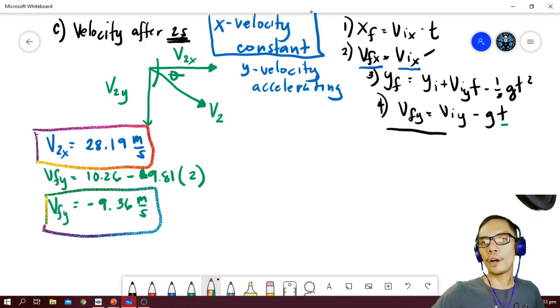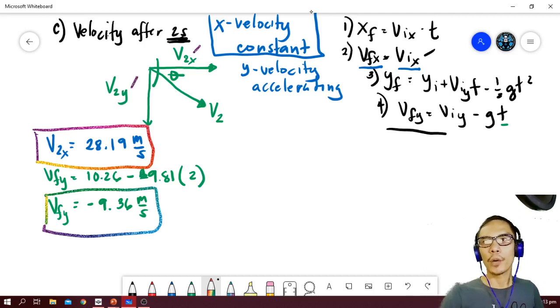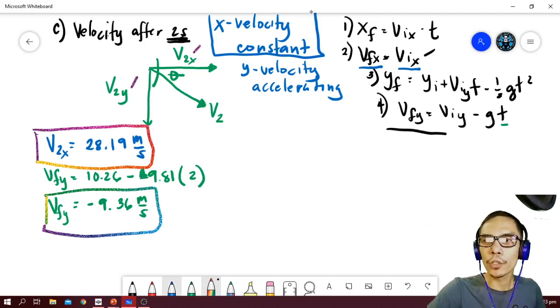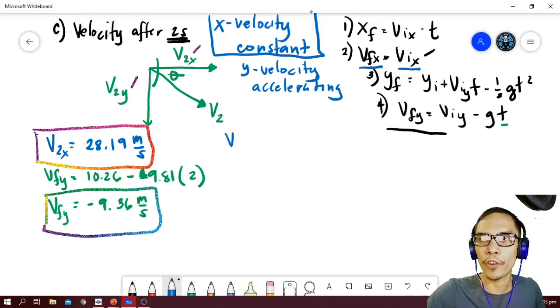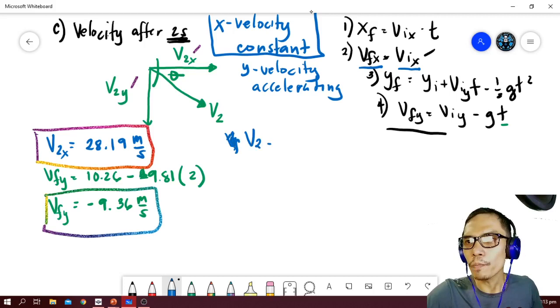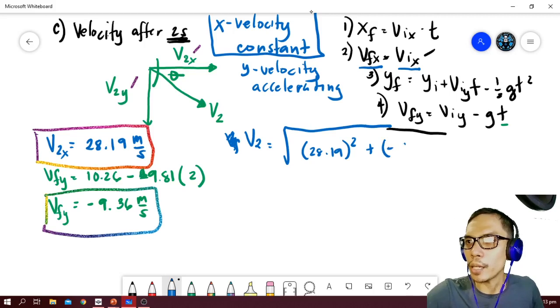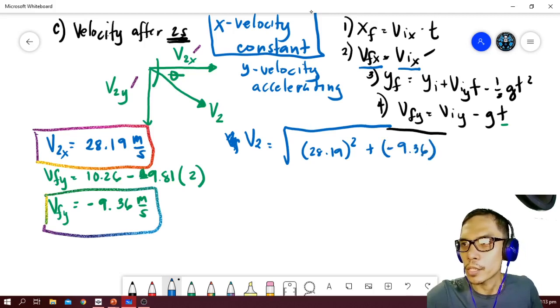Now, since we have the components, this and the V2x, we can now compute for V sub 2 using the Pythagorean theorem. So the formula is V sub 2 is equal to the square root of 28.19 squared plus negative 9.36 squared.